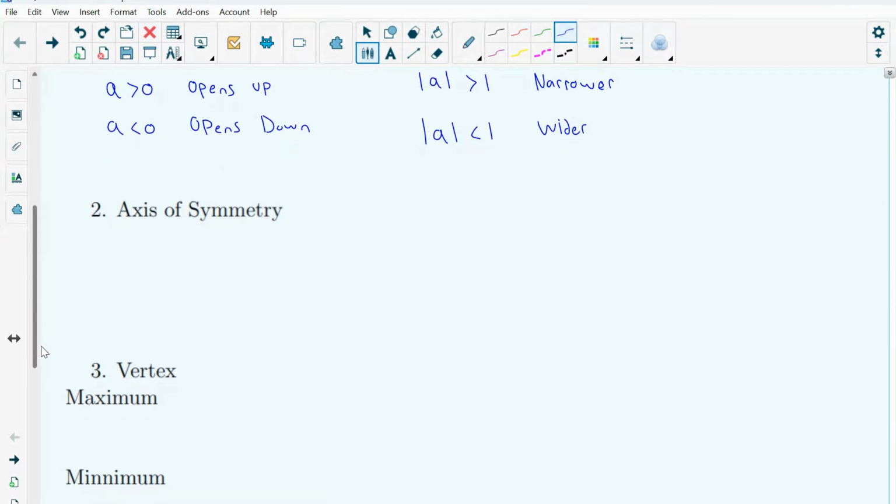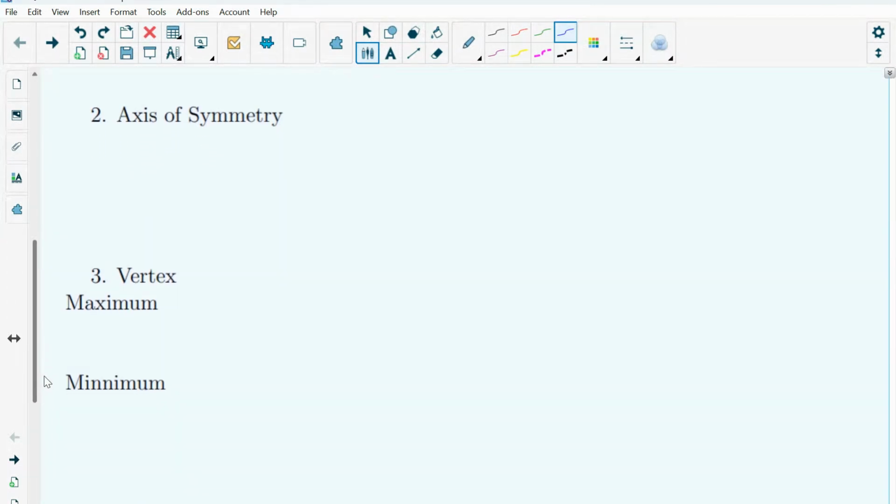So the next property that we can identify is the axis of symmetry. So the axis of symmetry is a line that isn't truly graphed, but we can graph it at the start, that indicates where the parabola is symmetrical.